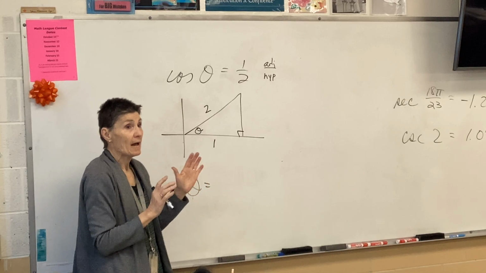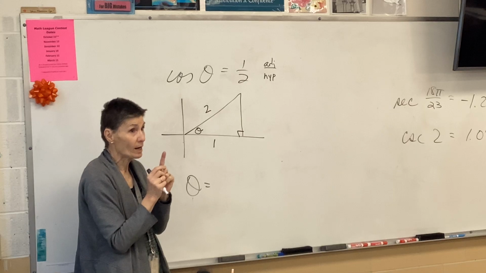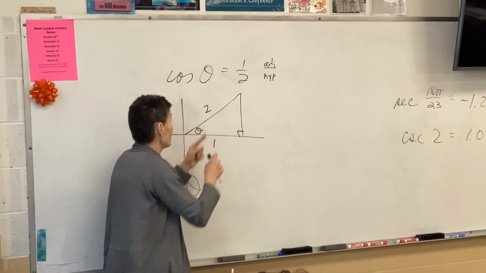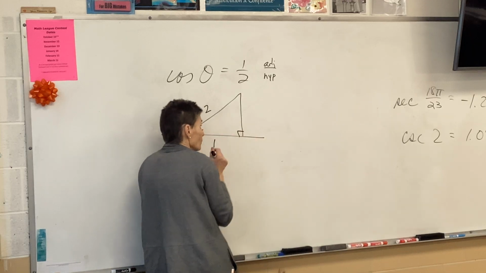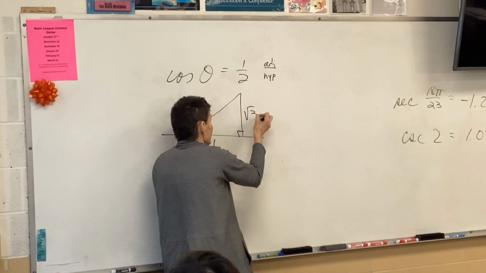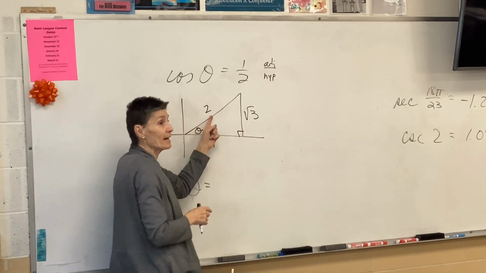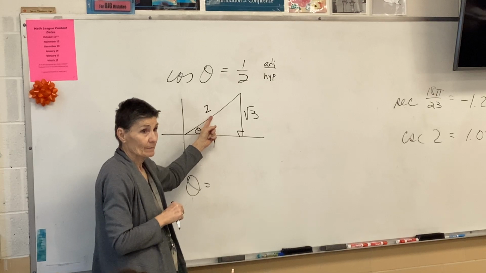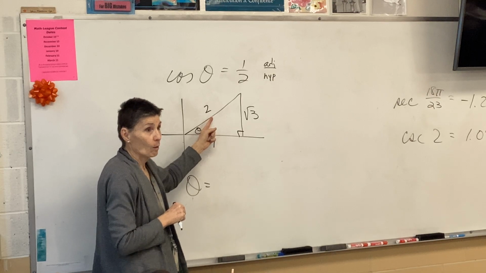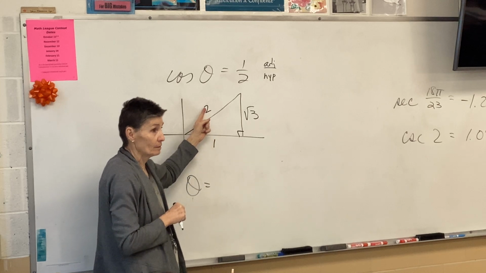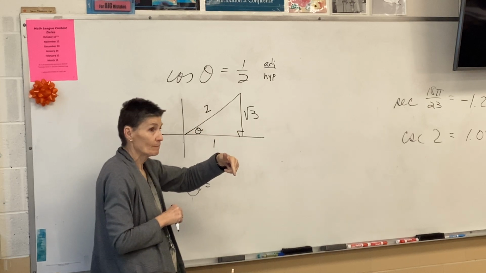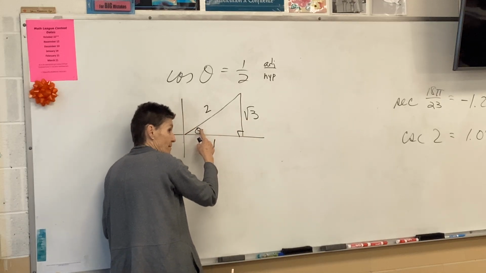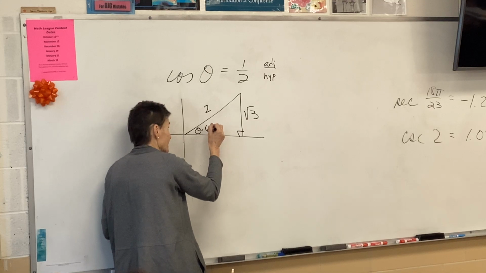Now, this is one of your special triangles. If that's a 1 and that's a 2, then what's this? Square root of 3. If these are both 1s, that is a radical 2. Now, what kind of a triangle? 30, 60, 90, and across from the root 3 is the 60.